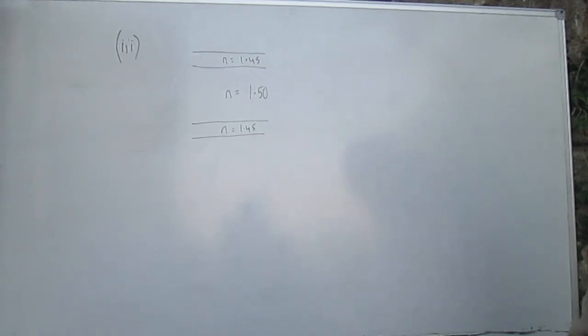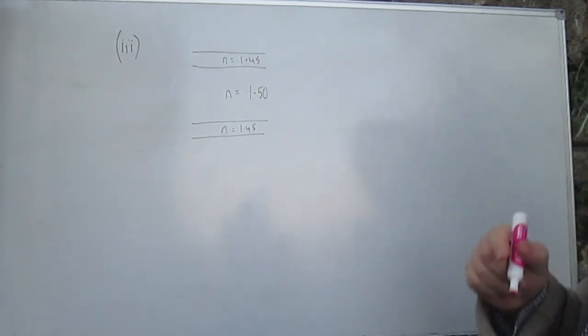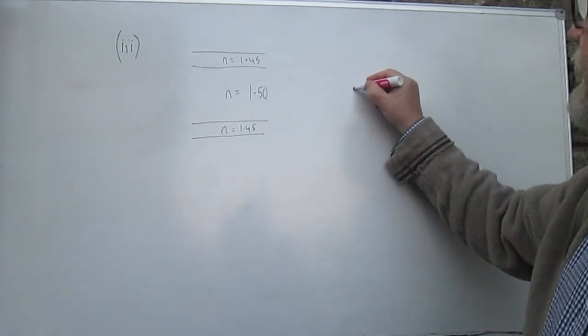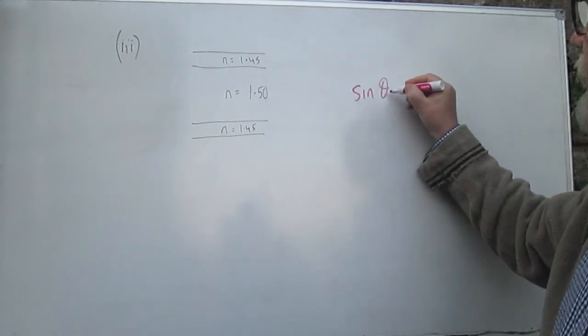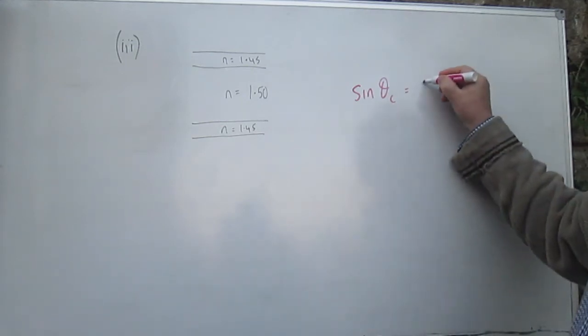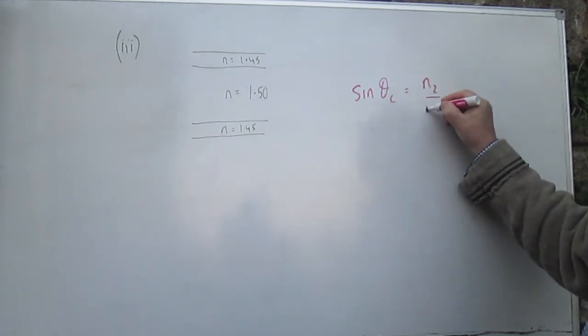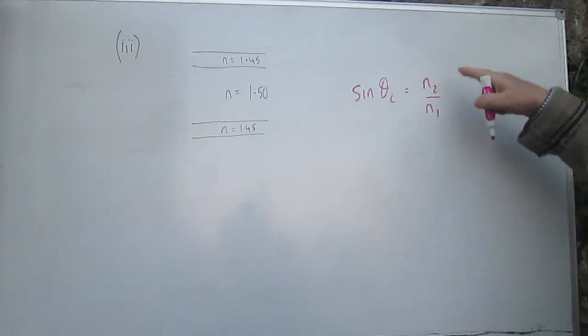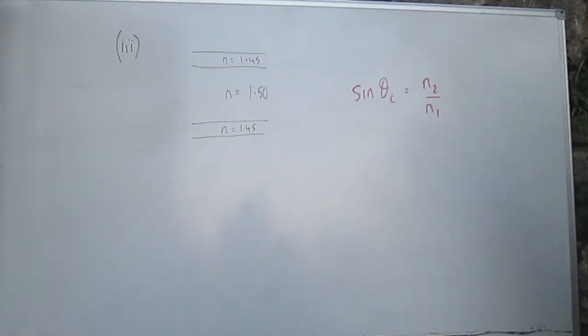The key thing is to use this relationship which is on your data sheet, which is that the sine of the critical angle is equal to n2 over n1, where obviously n1 has to be bigger than n2, otherwise that would come out bigger than 1 and it wouldn't make sense. So you can always tell which way around that has to be.